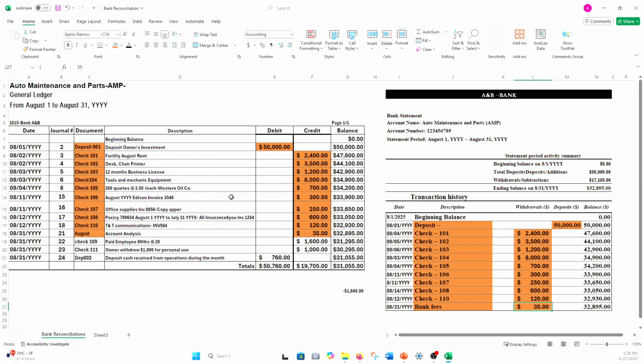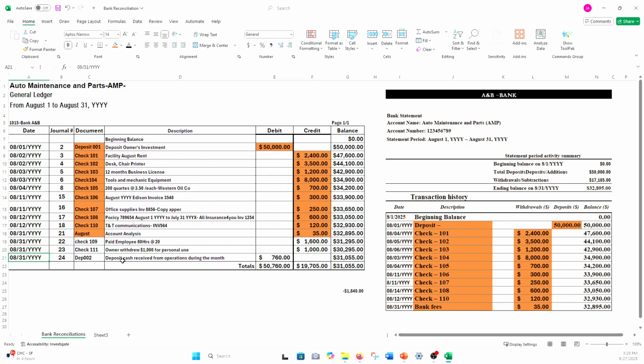So at this point, we don't have anything left in our bank statement. What we have left in our books are the transactions that are missing in our bank statement. The ones that are missing are the ones that I didn't highlight. That means check 109, dated August 31st as an example at the end of the month, for 1600. Also check 111 on August 31st to the owners for 1000.